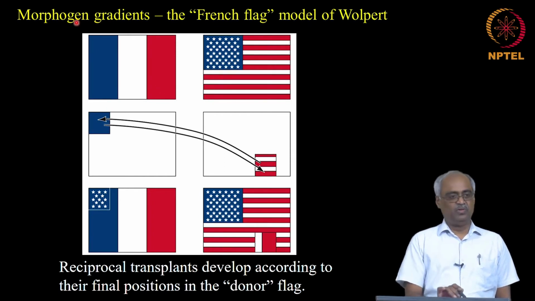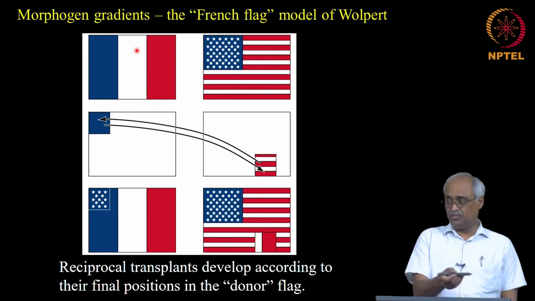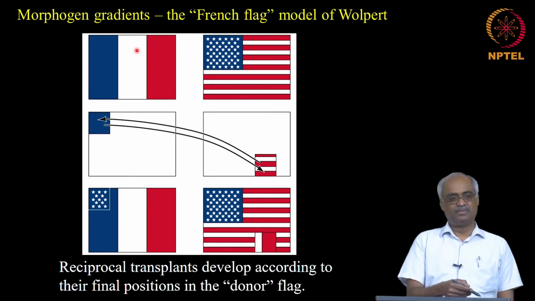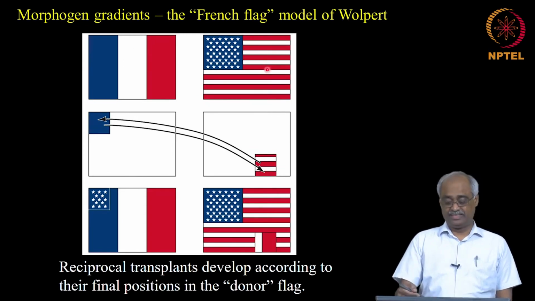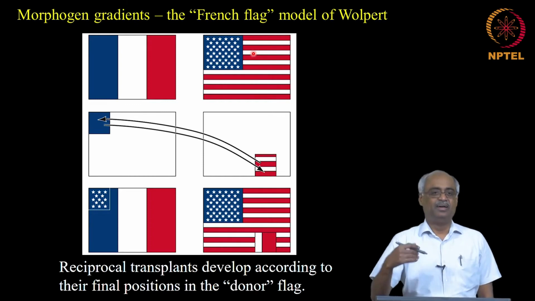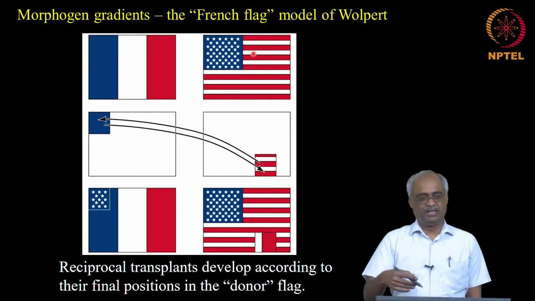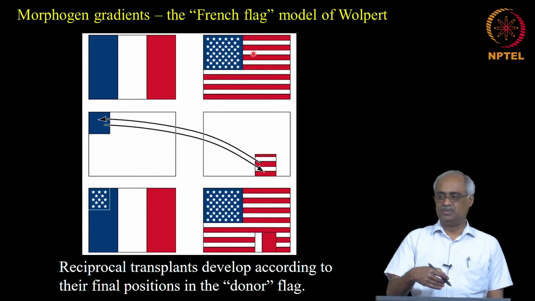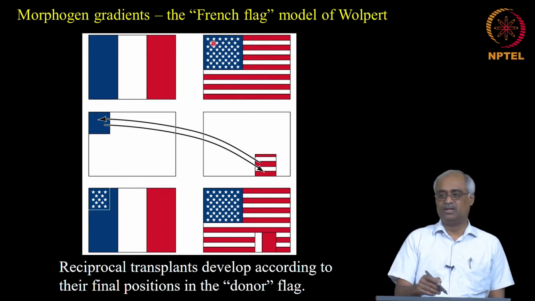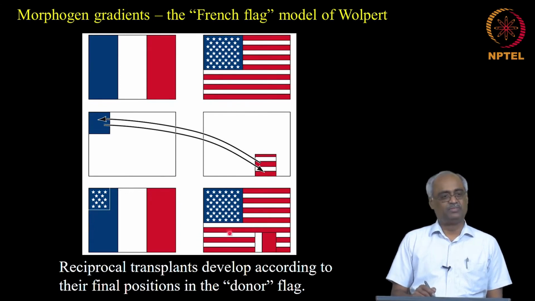This red and blue making instruction is there in the French flag embryo, but that is not there in the American flag embryo, which also responds to the same morphogen gradient, but its genetic programming from earlier steps is that it is going to make horizontal stripes or the stars and blue color, and that is why this happens.